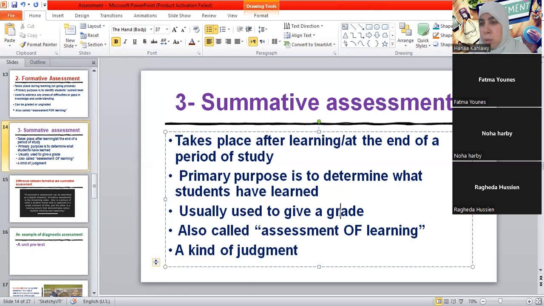So this is summative, and this is what we do with our students at the end of each unit. We have a test on unit 1, a test on unit 2, okay? So I check what my students have learned. It's supposed to give them a grade, and here it's judgmental because I give my students a grade, okay?